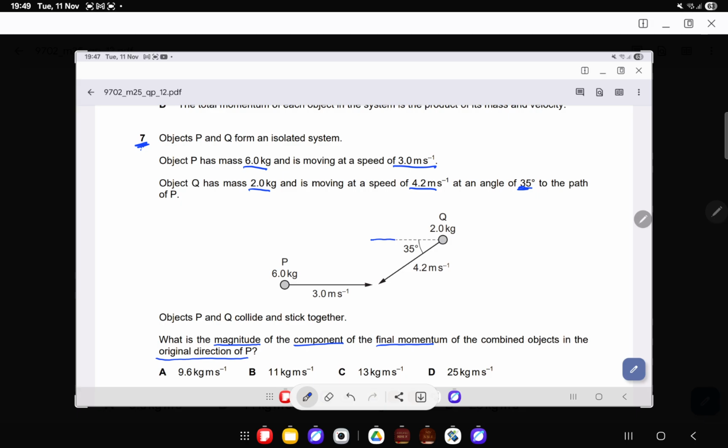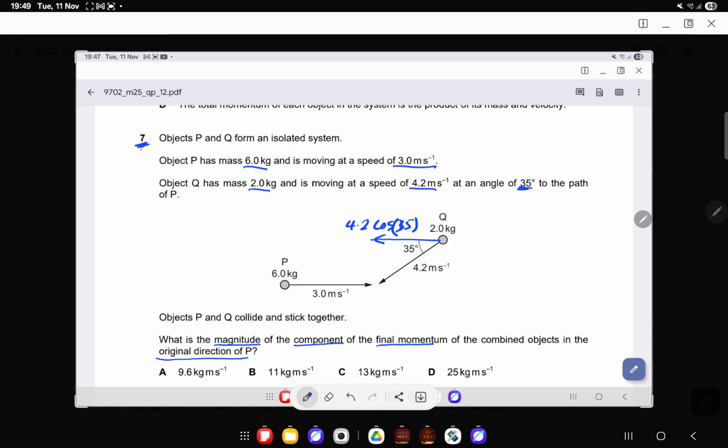So the horizontal aspect, which is here, you have to resolve the velocity into horizontal. That will be 4.2 cos 35. 4.2 cos 35.